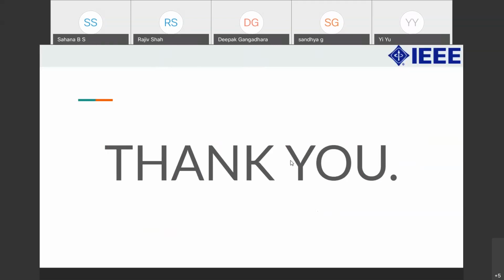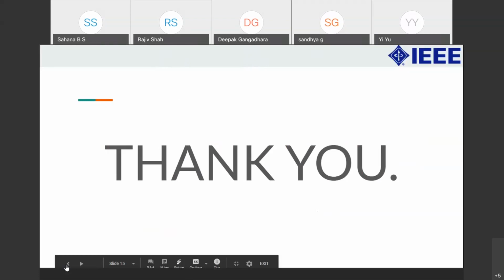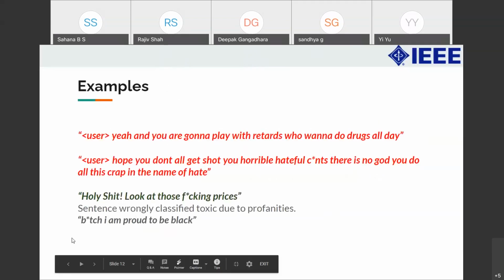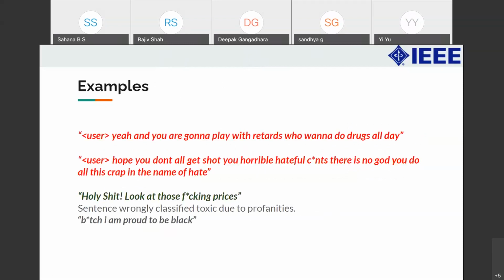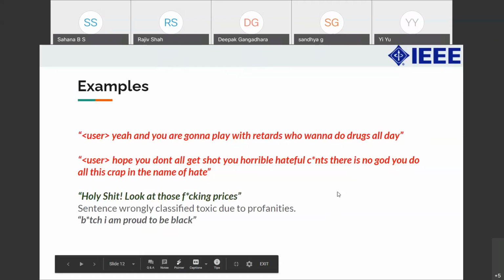Can you go back 2 slides? Well, yeah. So you can see here, look at this example. Usually they look for the presence of these words and they flag it. And other challenges were, some sentences don't contain any of those words at all, but you need to understand what it means in order to classify it as toxic.